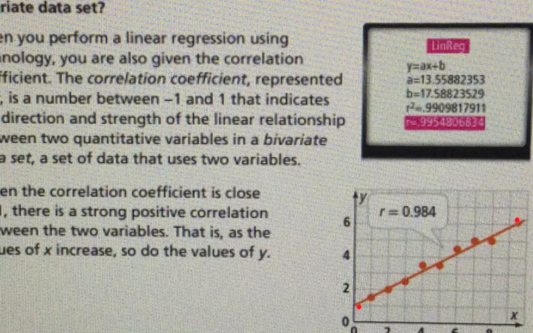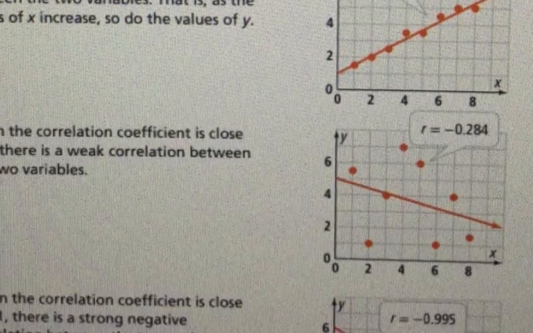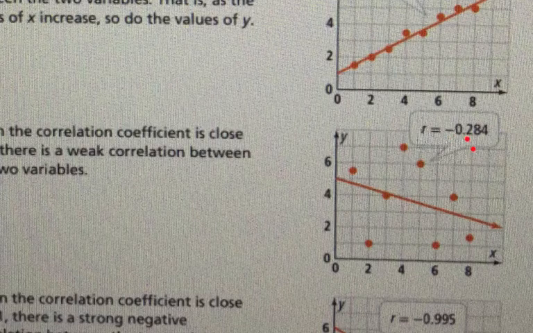So anytime our number is between 0 and 1, we know that it has a positive slope. If our number is negative, like so here, negative 0.284, then that tells me our line of best fit has a negative slope. So again, a positive correlation coefficient means the line has a positive slope. A negative correlation coefficient means it has a negative slope. Any question about that part?